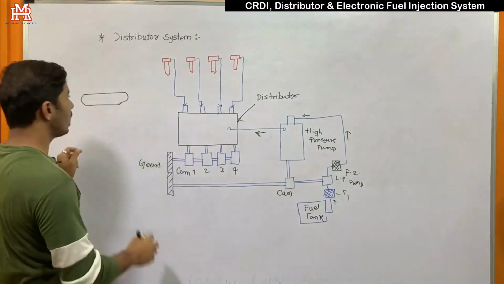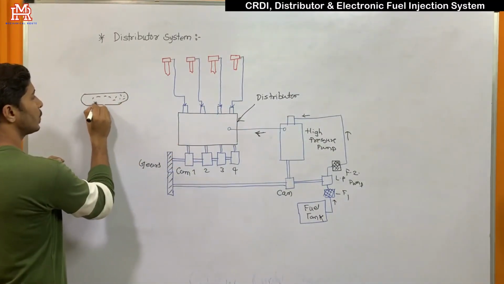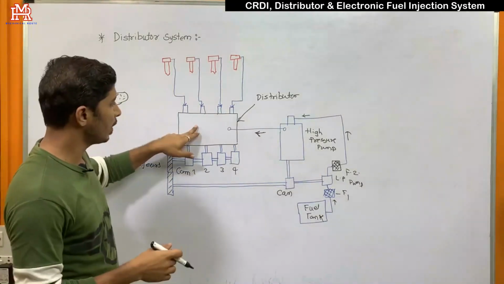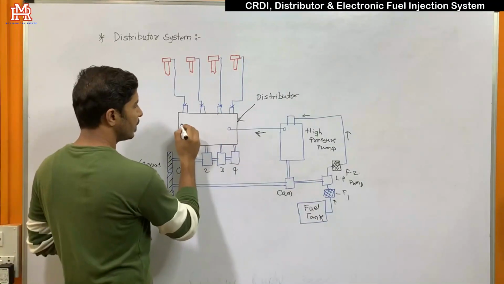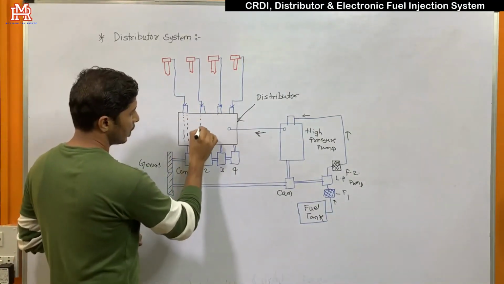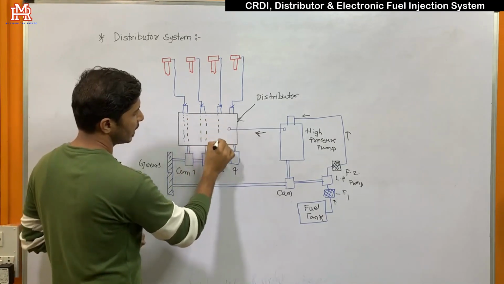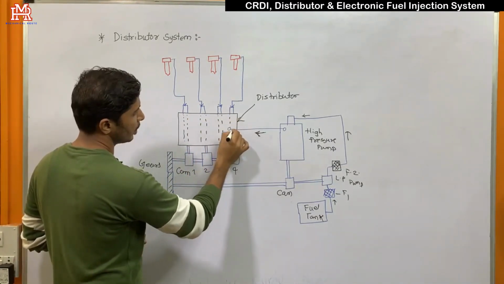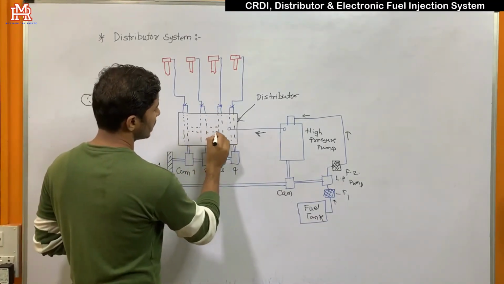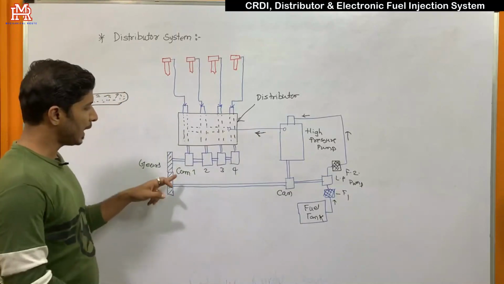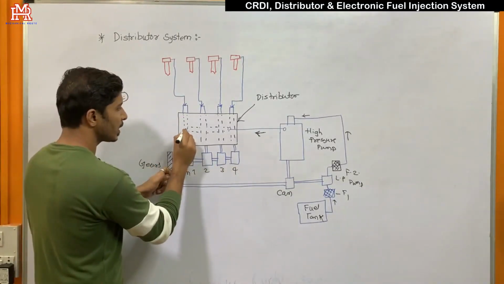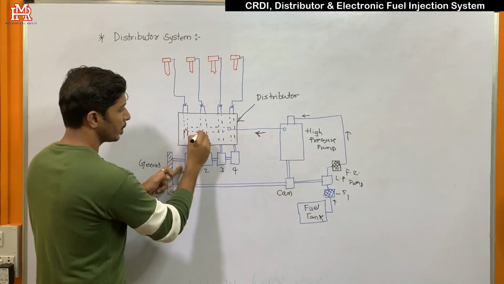We know that in the accumulator system, fuel will be accumulated directly in that passage, but here you will have different passages in the distributor system, and here also you will find these types of passages. With the help of these different cams, you may have these types of valves mounted here.